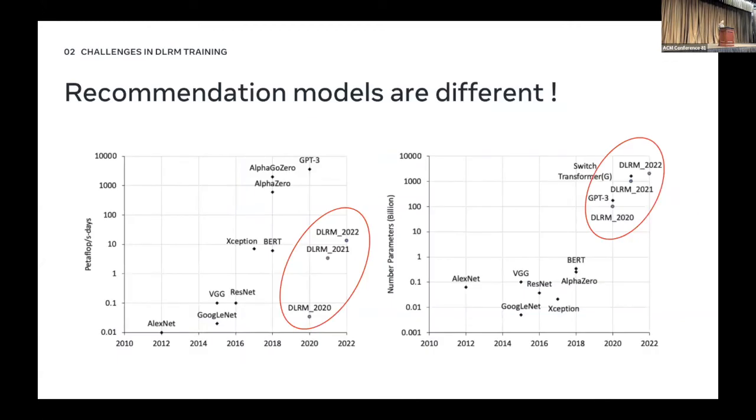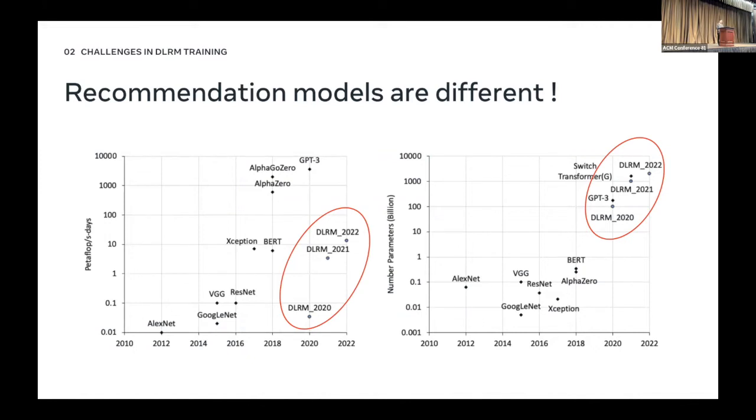So now to put recommendation models into perspective, we compare DLRMs against a few well-known content understanding models. And on the left, we have the comparison in terms of petaflops per second days, which is basically a product of flops per sample and the scale of the data set. And like we mentioned before, DLRMs usually require orders of magnitude higher scale training data sets.